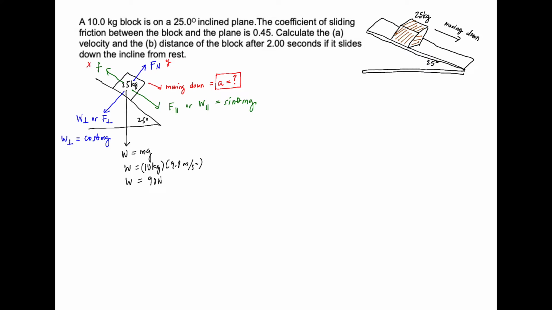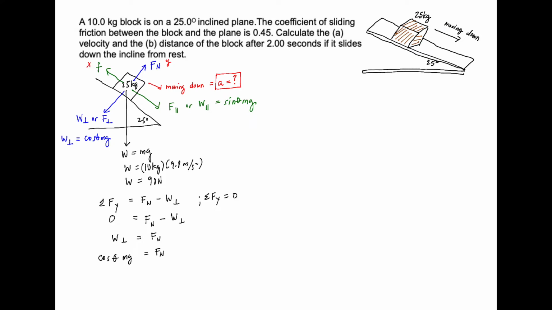The summation of forces in the y direction would be the normal force minus the weight perpendicular. Since this box is not moving along the y-axis, we could say that the summation of Fy is equal to 0. So 0 equals the normal force minus the weight perpendicular, and the normal force equals the weight perpendicular, which is cosine theta mg.